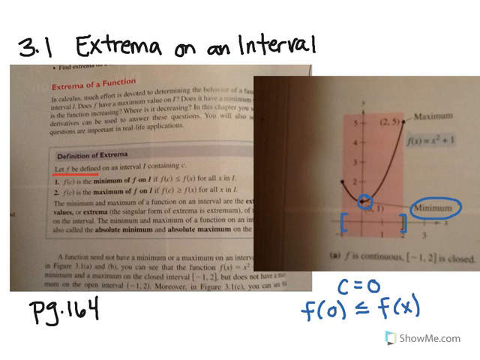Now the next part says, number 2, f of c is a maximum of f on that same interval if f of c is greater than or equal to all of the other f of x values for all x in that interval.